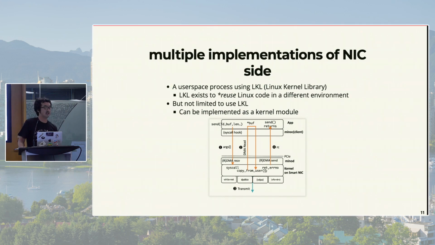But this is just an option that we took. You can also implement another way, like implementing a system call proxy in a Linux kernel module, and calling the host kernel on this DPU side, the NIC side, after receiving the system call in the proxy implementation.